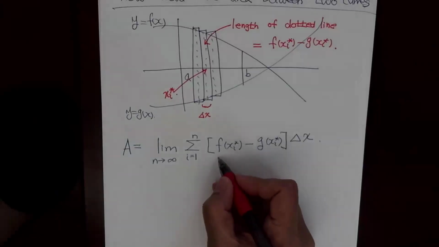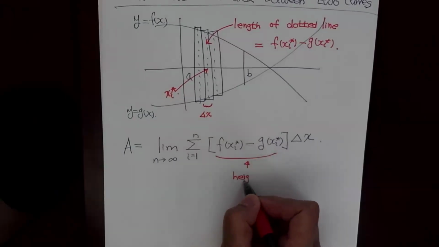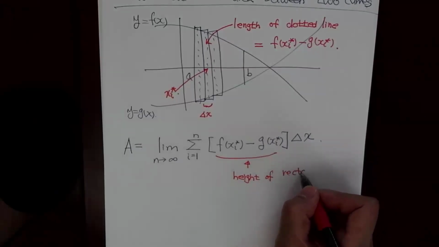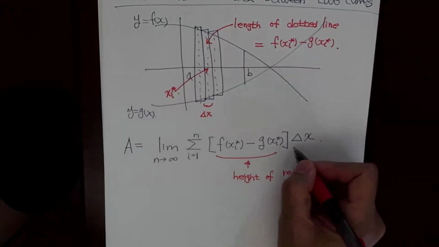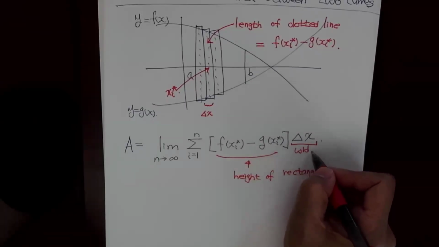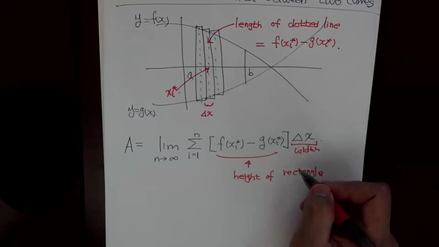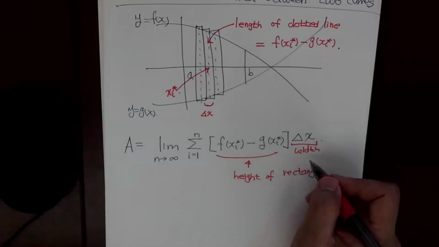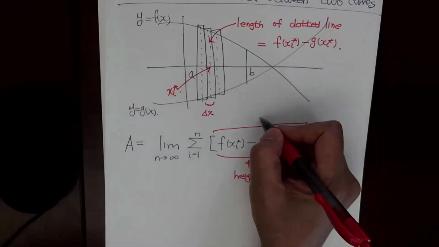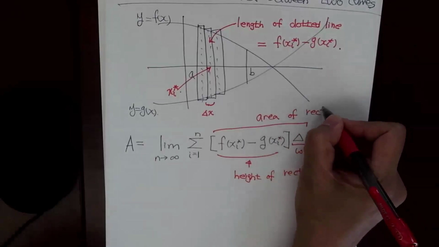So what I told you was this one is the height of the rectangle, and this one is the width of the rectangle. And so this is the area of the rectangle.